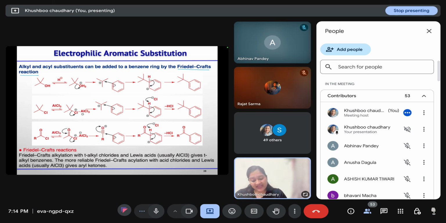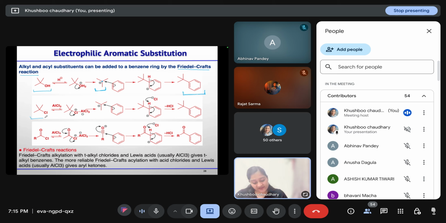So if we have a tertiary alcohol and we are treating it in acidic medium, then it will abstract the proton and a tertiary carbocation will form. This tertiary carbocation, when reacted with benzene, will be attacked at that tertiary carbon, and then after the loss of a proton we will get the alkyl substituted benzene.